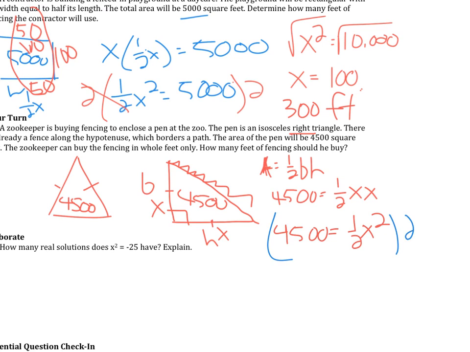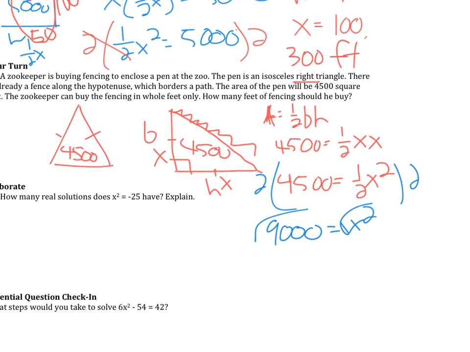Multiply both sides by 2, and we get 9,000 equals x squared. Take the square root of both sides, and then x equals, and since this is a real-world context, we could break that down by just using a calculator. We get 94.87, and then you can buy whole feet only.